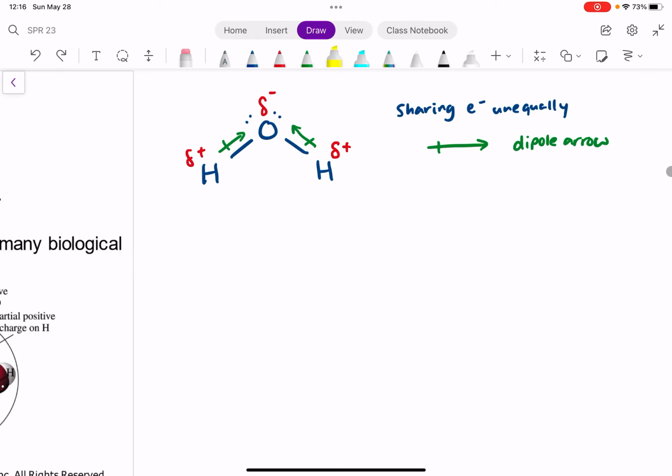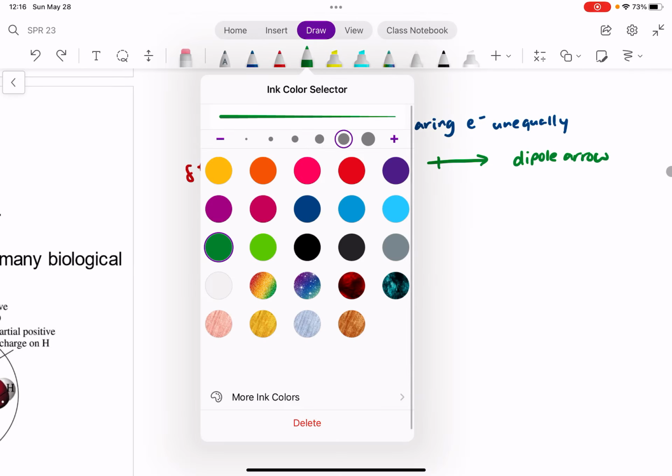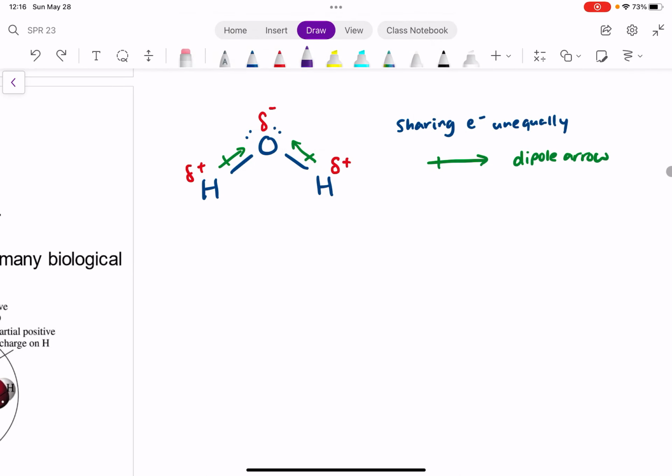We can also draw something called a net dipole arrow, and we'll do that maybe in purple. Net dipole arrow. And that is going to be showing, in the entire molecule, where those partial charges are. So if we're looking at this, notice that if we have a bunch of those negative electrons hanging out on this side of the molecule, we've got all those negative charges on that side.